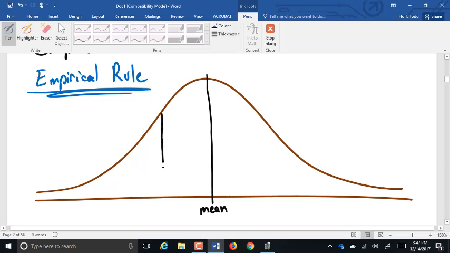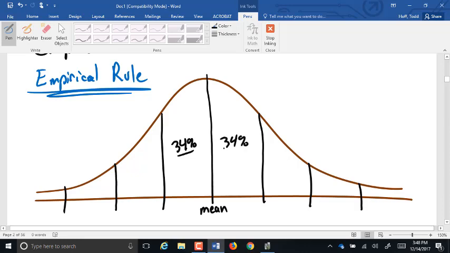And we go out in steps of a standard deviation at a time in each direction. So it ends up going 3 steps in each direction. Between the mean and one standard deviation, we find about 34% of the data on either side of the mean.